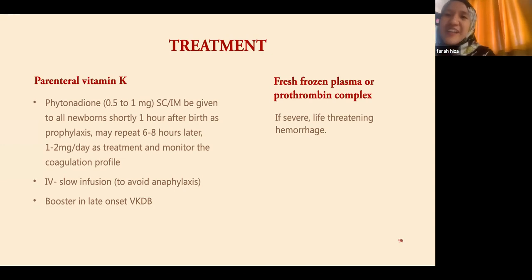For prophylaxis, vitamin K is given to all newborns shortly after birth, within 1 hour, and then with monitoring of the coagulation profile it may be repeated. If it persists, it may be repeated at 6 to 8 hours.